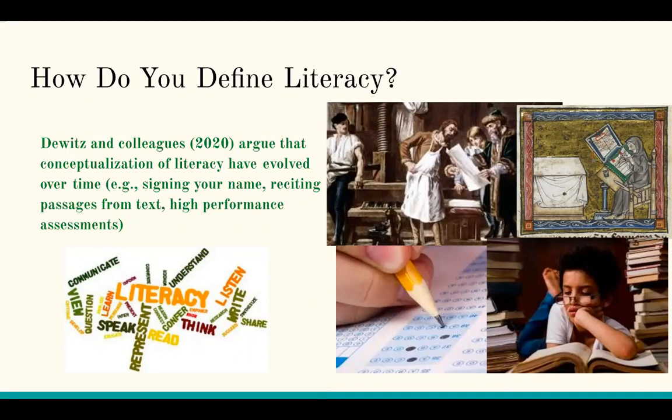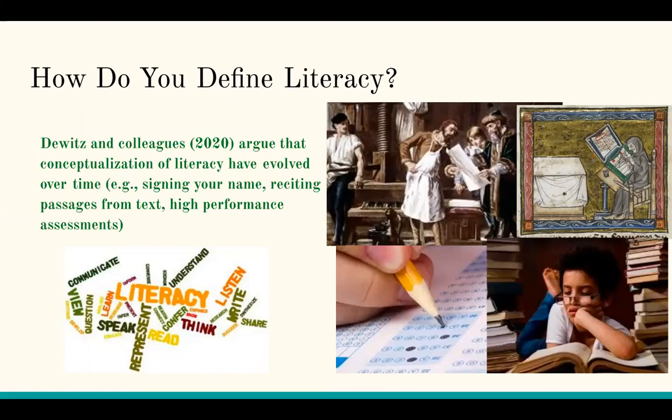And then those definitions in turn have implications for how we approach literacy instruction and/or assessment. And so we want to be mindful of that as we think about what kinds of steps and approaches we want to take and how that might be shaped or influenced by our own understandings of literacy.